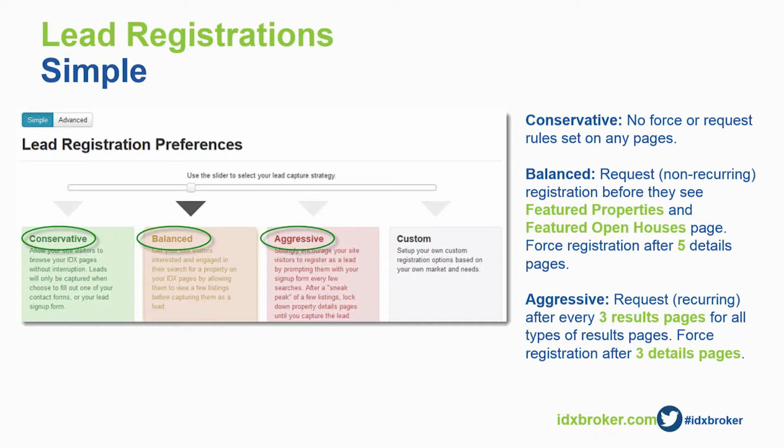If you wanted to be more aggressive, there is an option for that when you request a recurring form to appear after 3 results pages for all types of results pages. Then they'd be forced to register after 3 details pages.